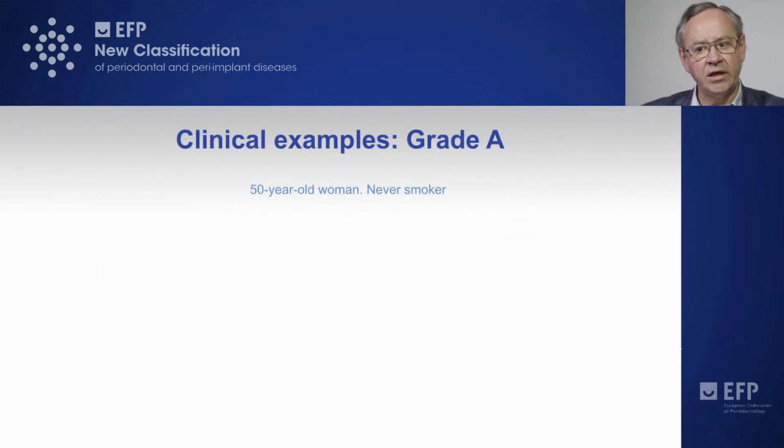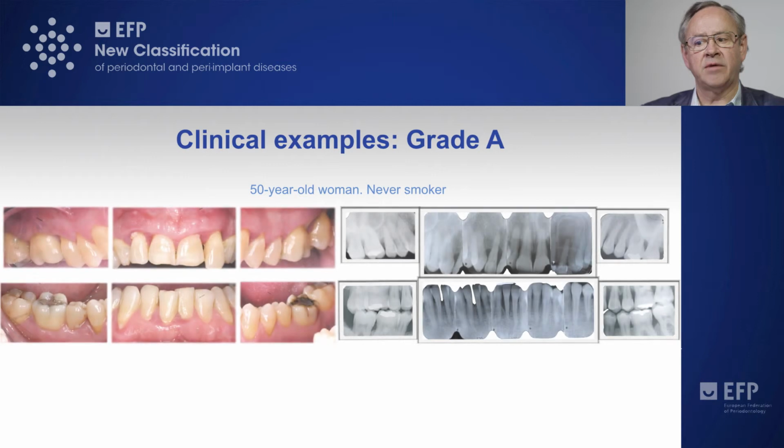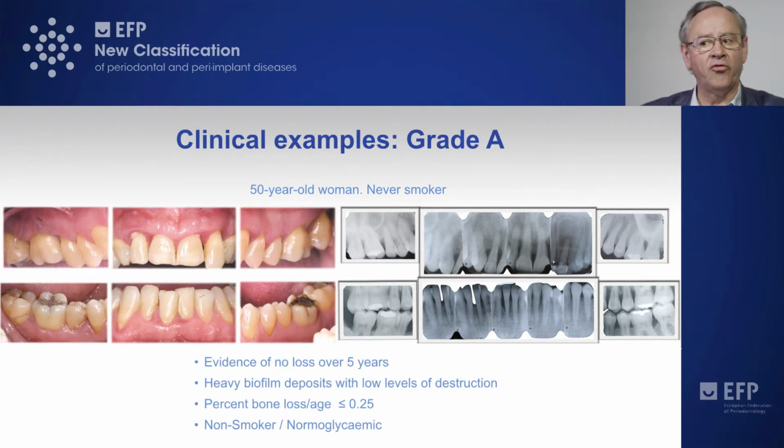When dealing with the grading, here is an example of a 50-year-old woman, never a smoker, that has a clear presence of a stage 3 periodontitis. But we have previous records of this patient, and this patient has not lost any further attachment in the last 5 years.